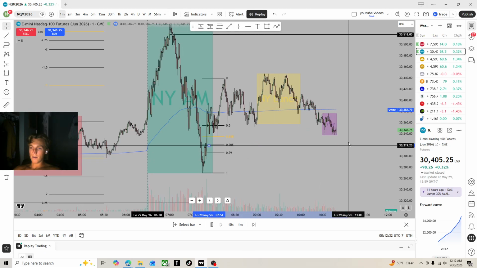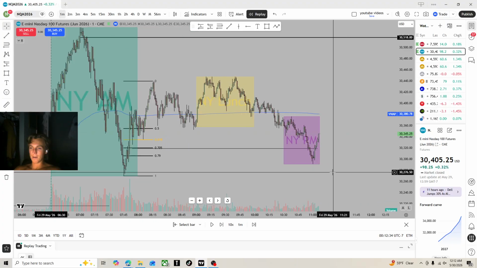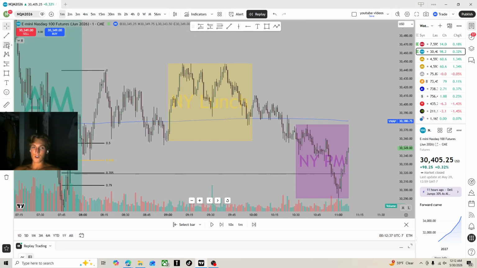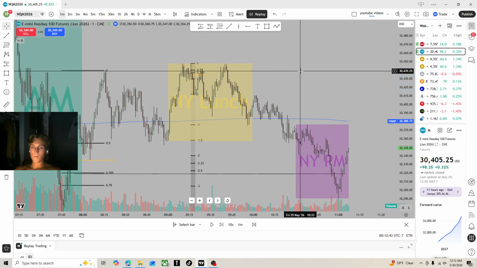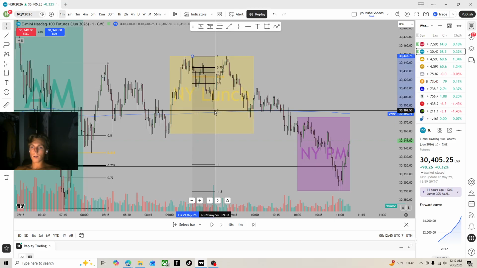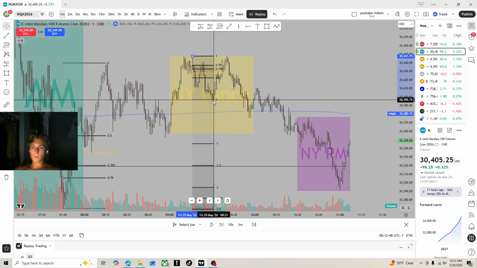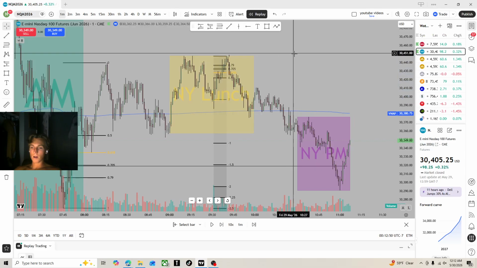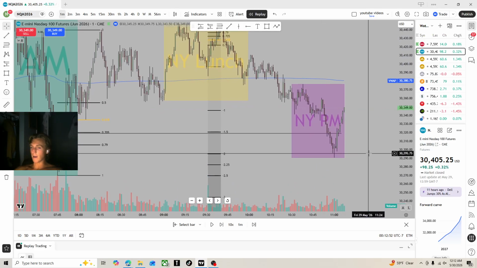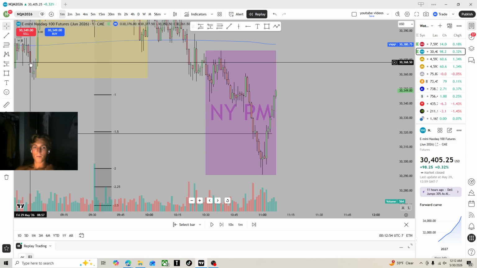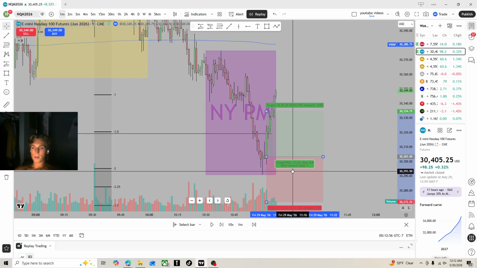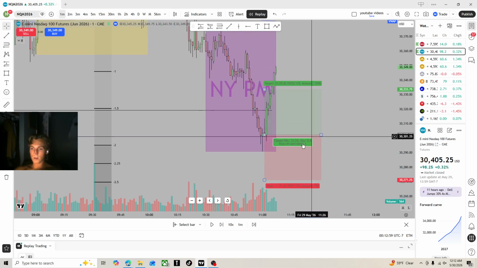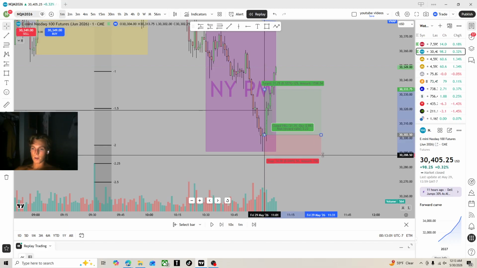Okay, we end up sweeping those lows, and my entry was off of, if I mark out this fib, boom, mark out this fib, we get -2 right here, boom, take it off the close of that wick, stop loss just 15 points.